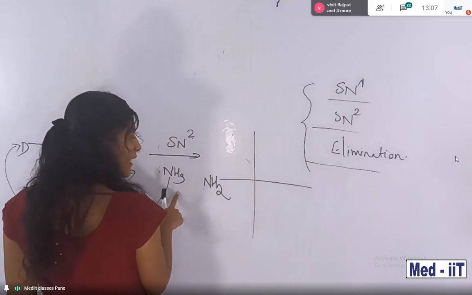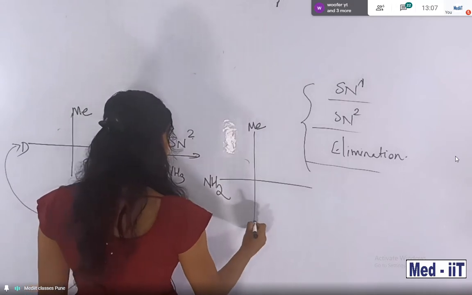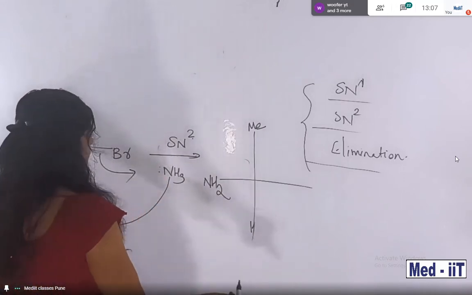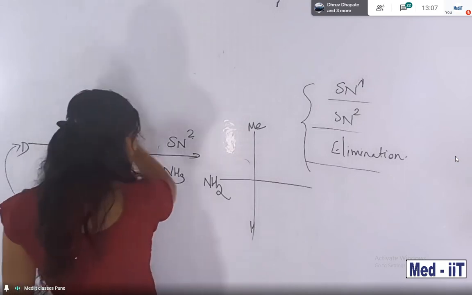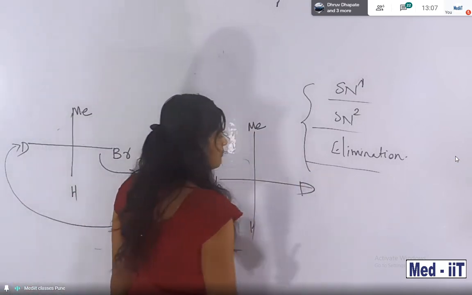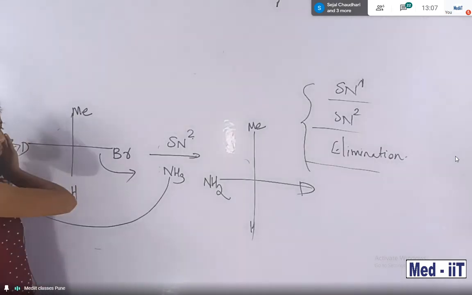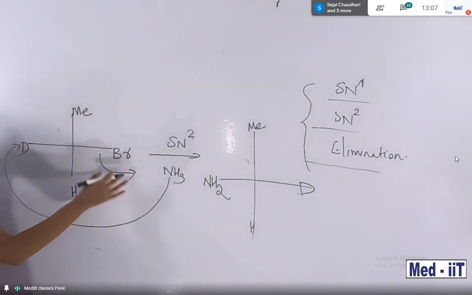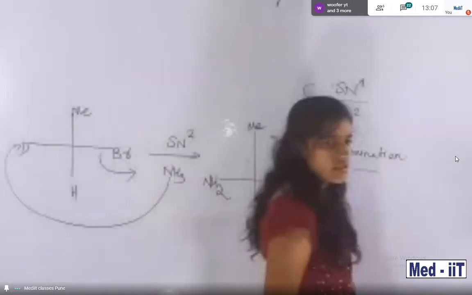And then methyl is there, hydrogen is there, bromine is going to leave. So in the same place, due to backside attack, the incoming group NH2 is there. Okay, likewise.